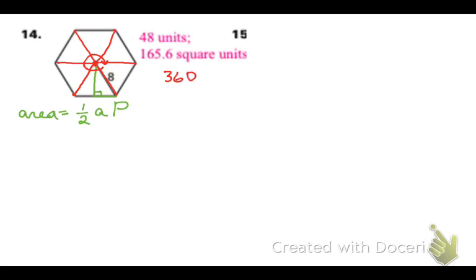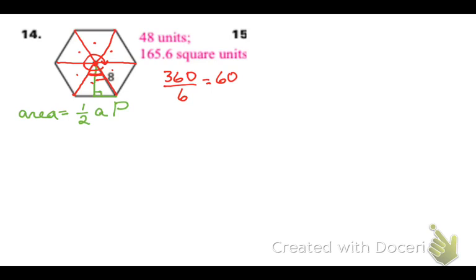You divide that by 1, 2, 3, 4, 5, 6, and you get the measure of this angle right here. 360 divided by 6 is 60, and you know that this green line down the middle divides that larger red angle in 2, so we know this angle is equal to 30.